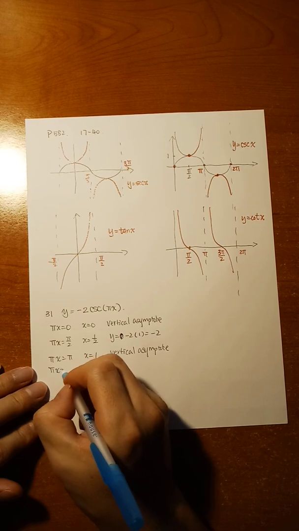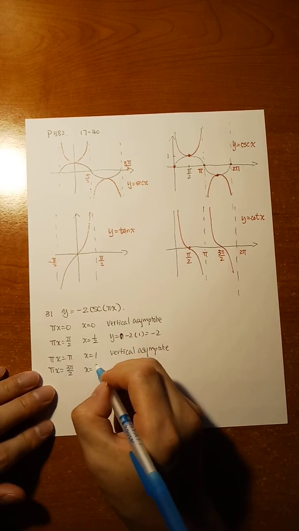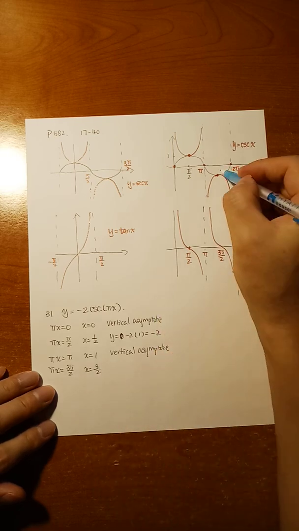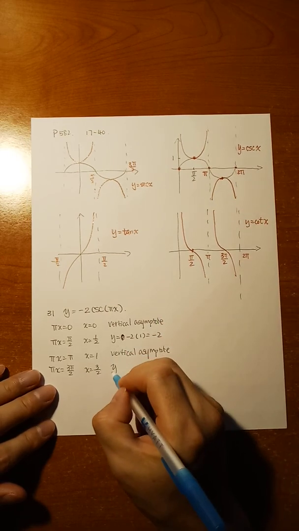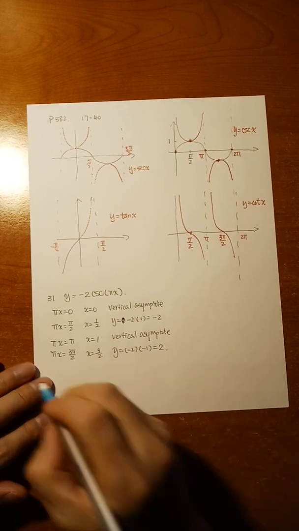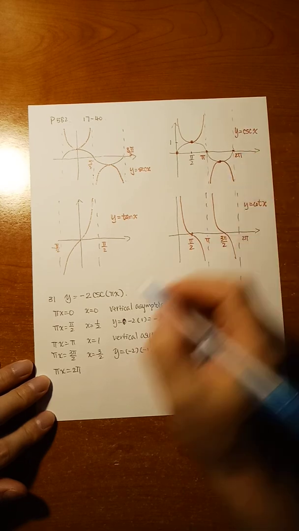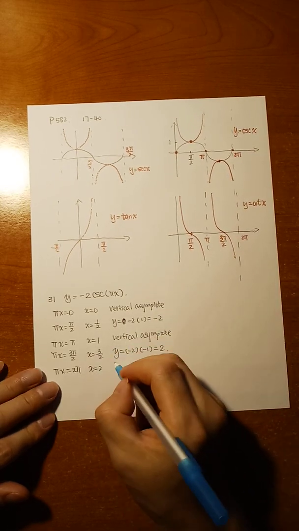When pi x is equal to 3 pi over 2, x is 3/2, you have negative 1. So y is equal to negative 2 times negative 1, which is positive 2. When pi x is equal to 2 pi, x is equal to 2, you have a vertical asymptote.